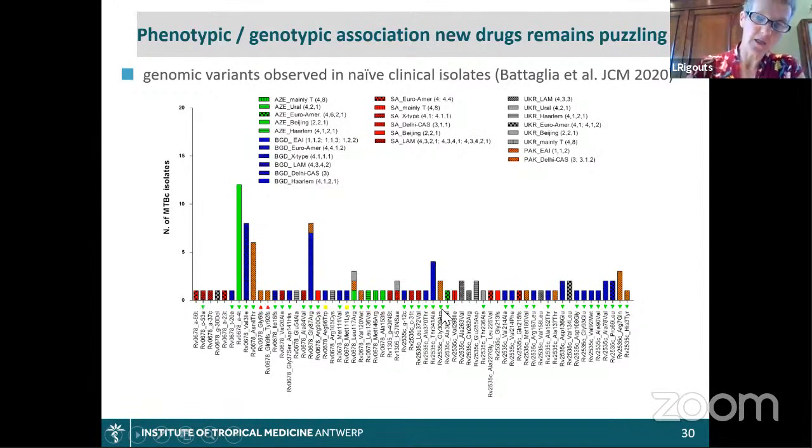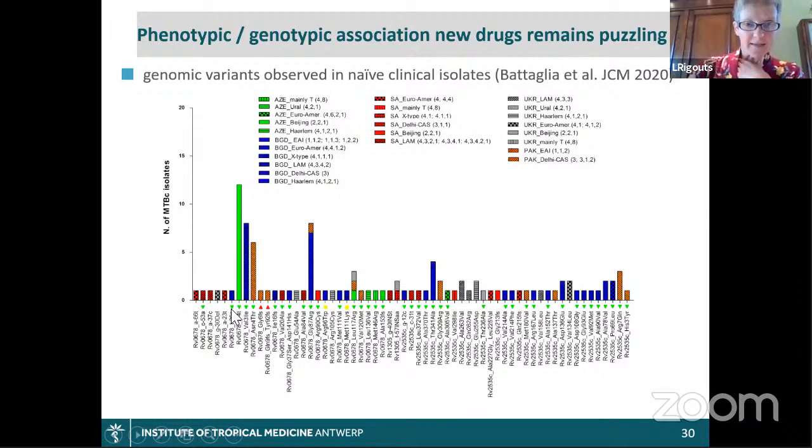And this is showing here all possible variants in genes associated with bedaquiline resistance, like the Rv0678 gene, and the different colors represent different lineages. And this is from a study from 5 countries where a drug resistance survey was done. So these isolates basically were never exposed to bedaquiline or delamanid, and probably not to clofazimine either. And we can still observe a wide variety of these mutants.